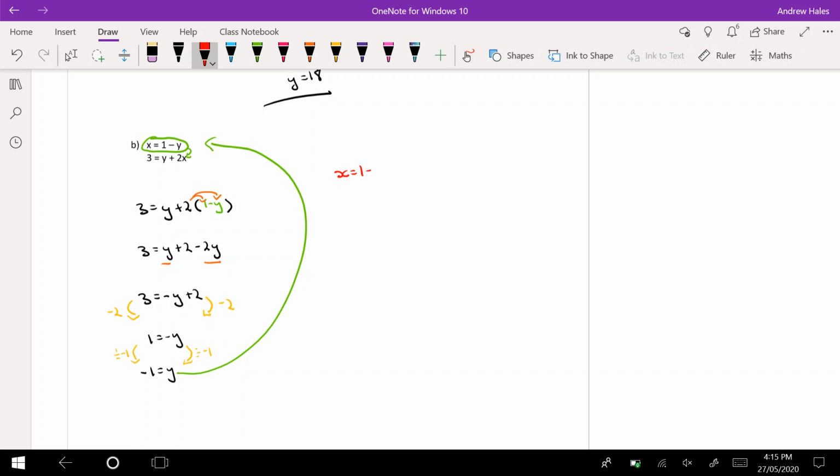X equals 1 take y. Well, if y is equal to negative 1, well then x equals 1 take negative 1, and that double negative there will turn into a plus. So if that's now a plus, 1 plus 1, x equals 2. Therefore, x equals 2, y equals negative 1. And those are those 2 solutions.